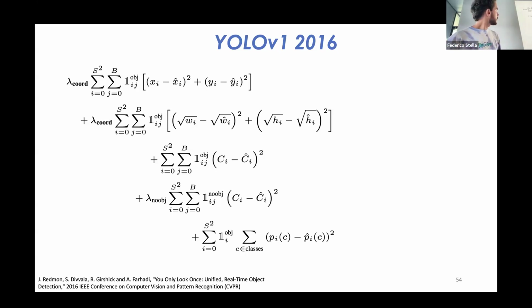So what is this 1 obj ij? This is an indicator function that takes value 1 if the ground truth contains an object in cell i and box j. If there is an object there, then we supervise that.